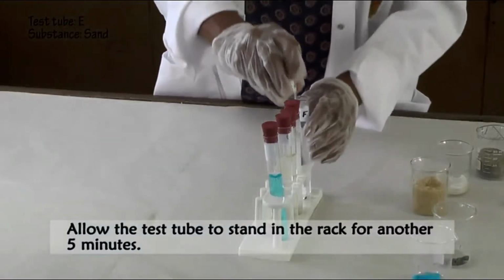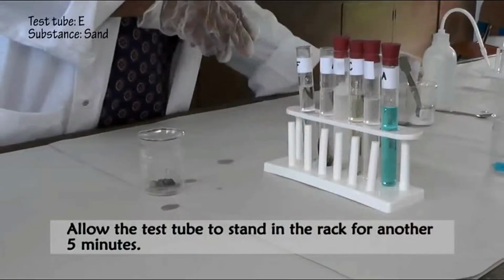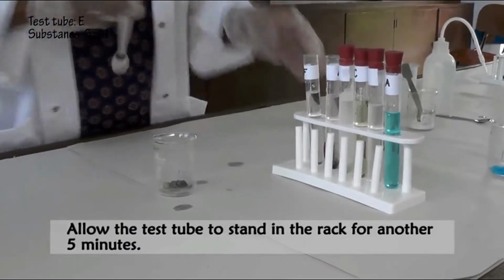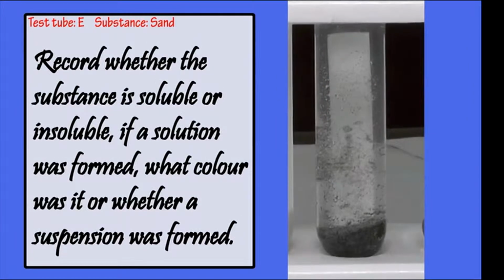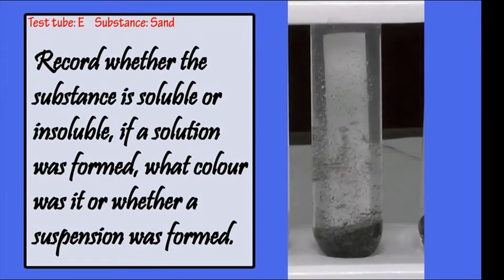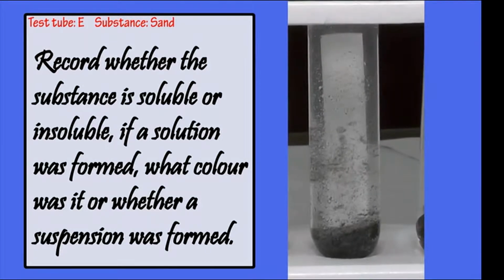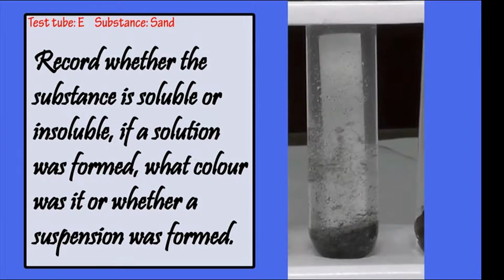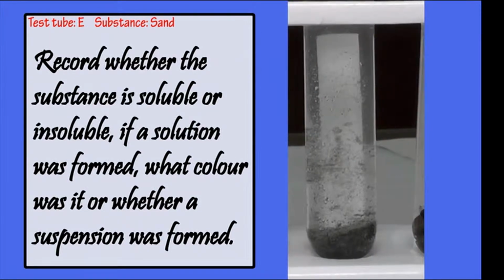And then allow it to stand for a while on the rack. Have any of the substances settled to the bottom? Now record whether the substance is soluble or insoluble, what color it has, or whether a suspension was formed.